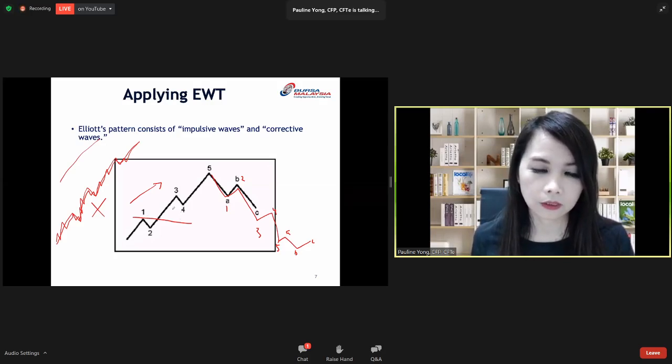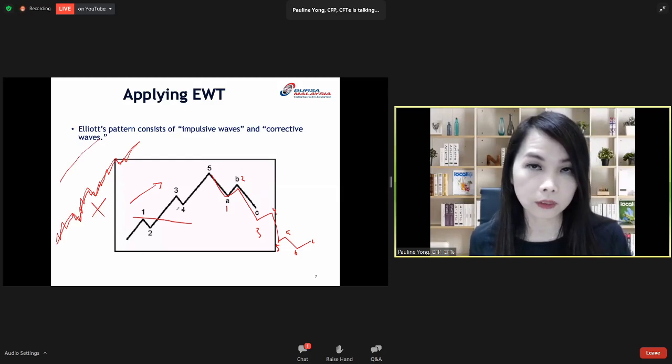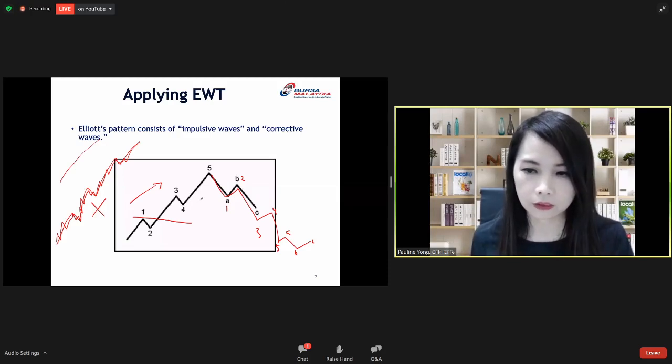Later when we apply the Elliott wave and count the wave to know whether you are correct or not, I want you to pay close attention to wave number 4, because very, very often new people who get into Elliott wave usually count this wave number 4 wrongly. So you have to pay close attention to wave number 4.